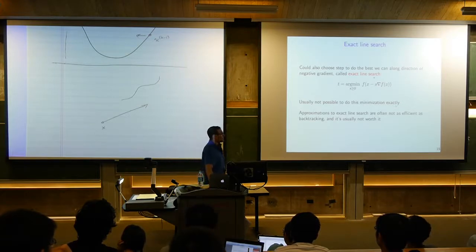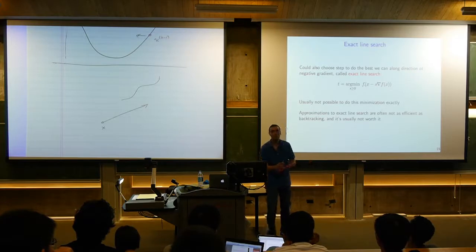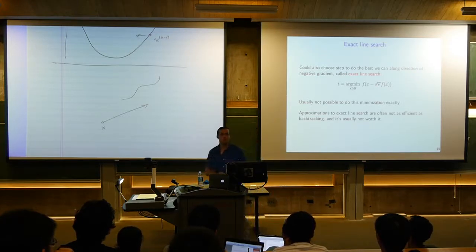So the reason that I said this is not a good idea is that usually it's not possible to do this minimization exactly. Usually we just can't find such a value of s. And in fact, the only times that we really can do this is if f is a quadratic. And it's only really helpful when f is a quadratic with kind of weird curvature. Besides that, I don't think I've seen people using exact line search pretty much at all.